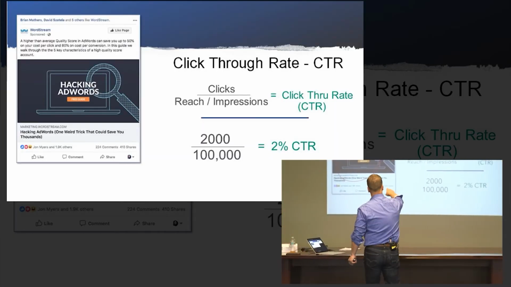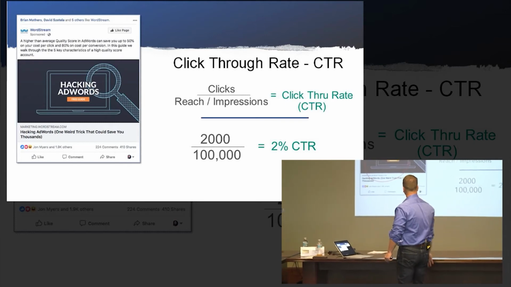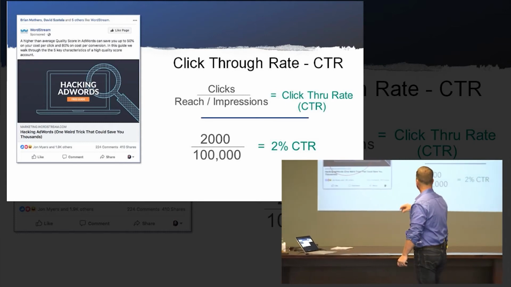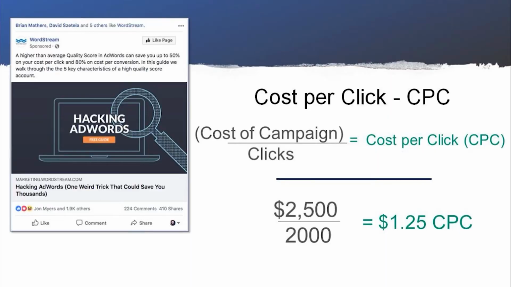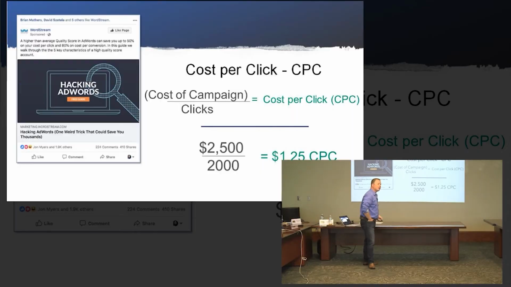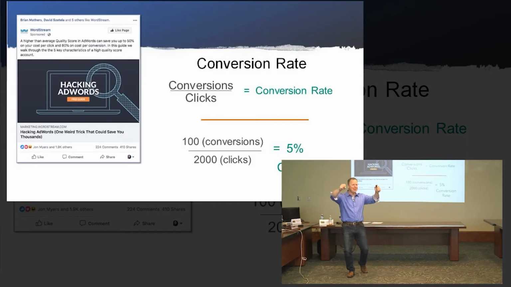If I have 2,000 clicks and my impressions are 100,000, that gives me a 2% click-through rate. The other metric is my cost per click. But that's not the full breadth of my campaign. Yeah, I'm getting clicks, but what are they clicking to? Landing page, yes, absolutely. So from my landing page is where I get my conversion rate.